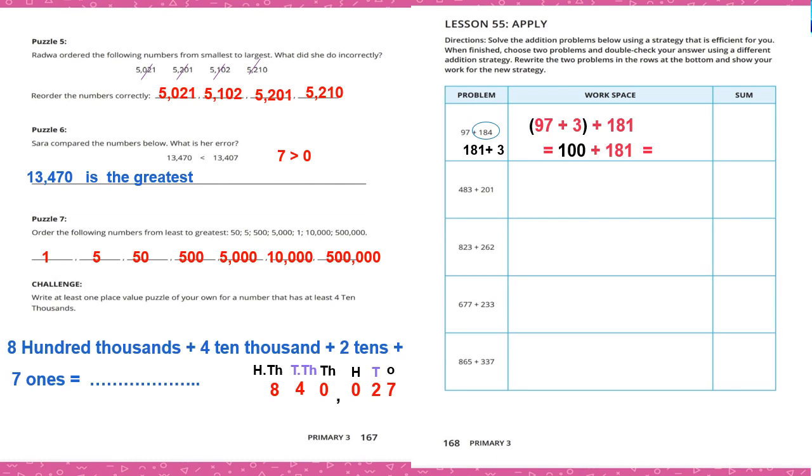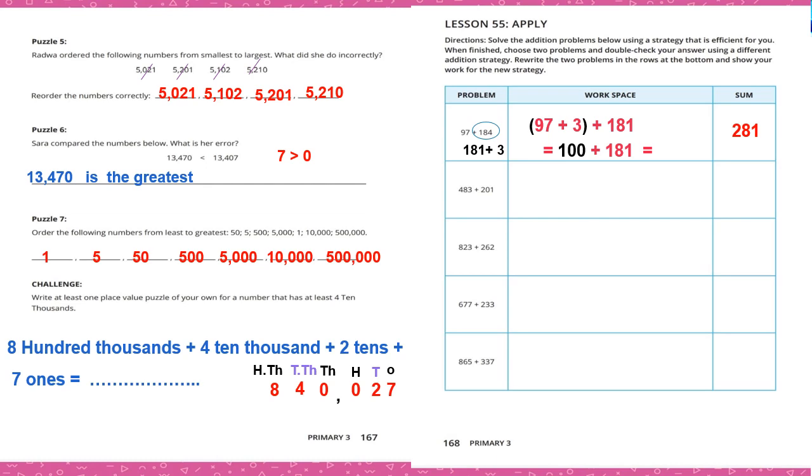Here I get whole tens to be easy and you can solve it mental. Okay, so 0 plus 1, 1, 0 plus 8, 8, 1 plus 1, 2. So the sum here, 281.